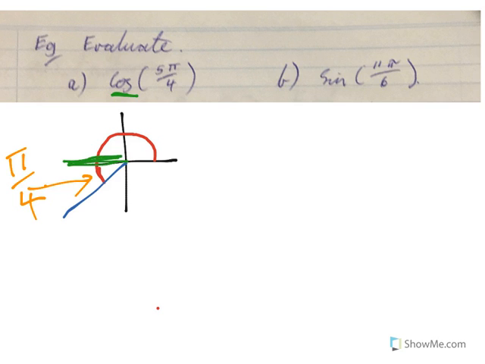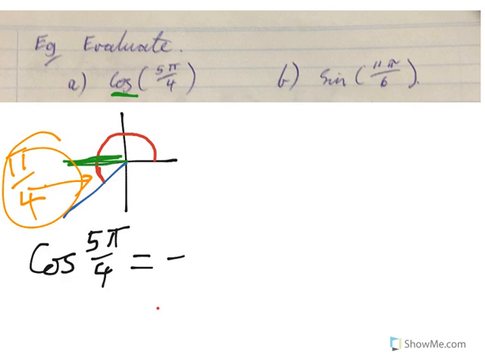So cos of 5 pi on 4 is going to be negative, and it's going to have the same value as the cos of pi on 4, because of this angle here being pi on 4. And so of course that's going to be negative root 2 on 2.